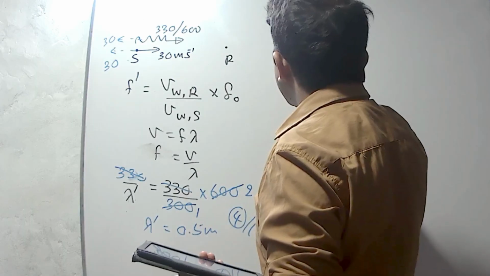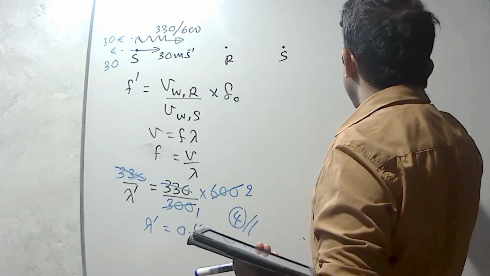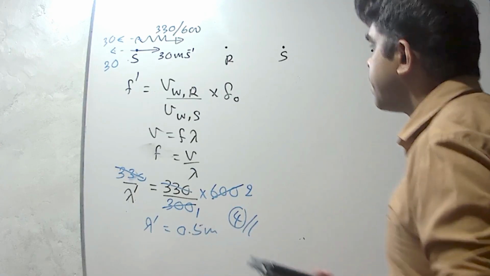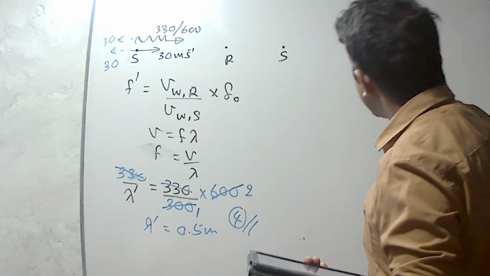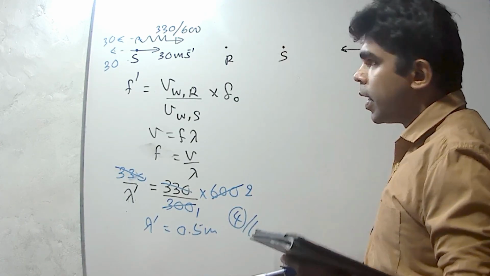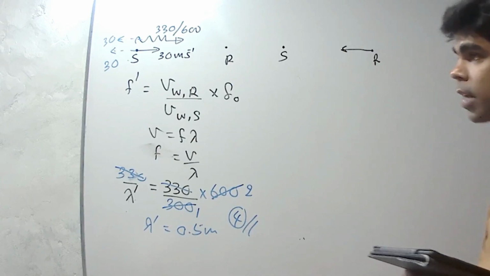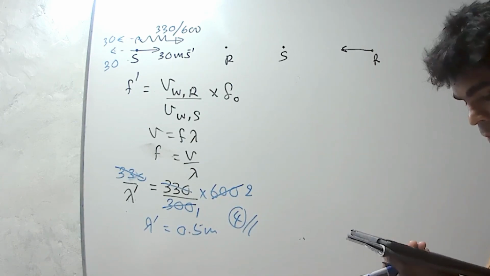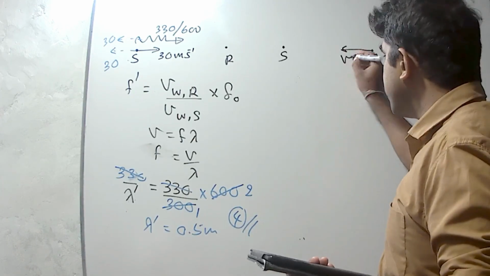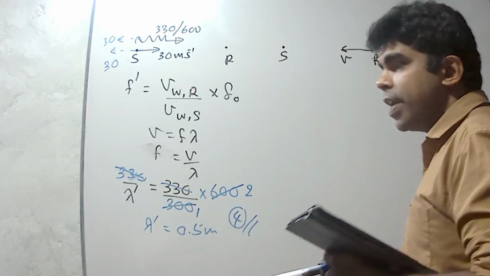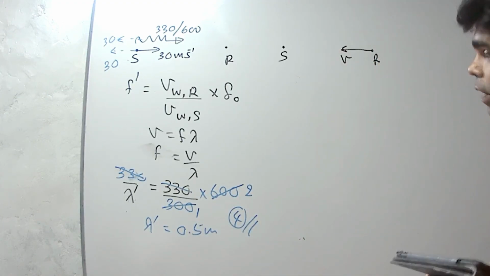Now, the source is at rest. The receiver is the moving car moving towards the parked car. We have to find the velocity of this one. I will consider it as V, the velocity of receiver.